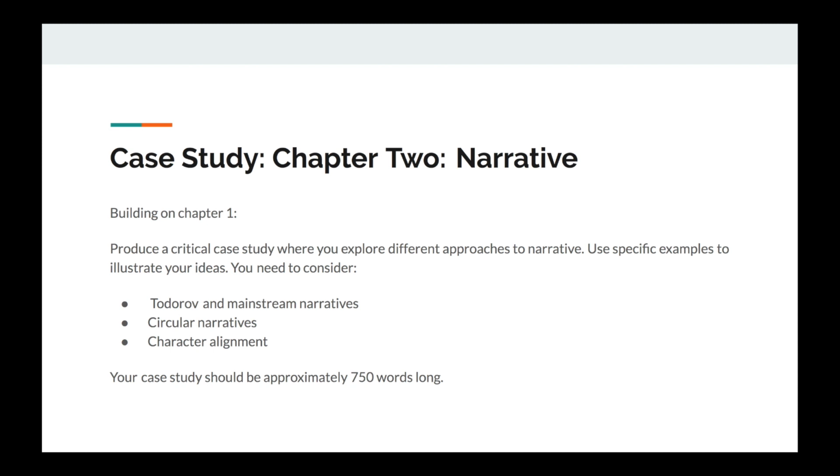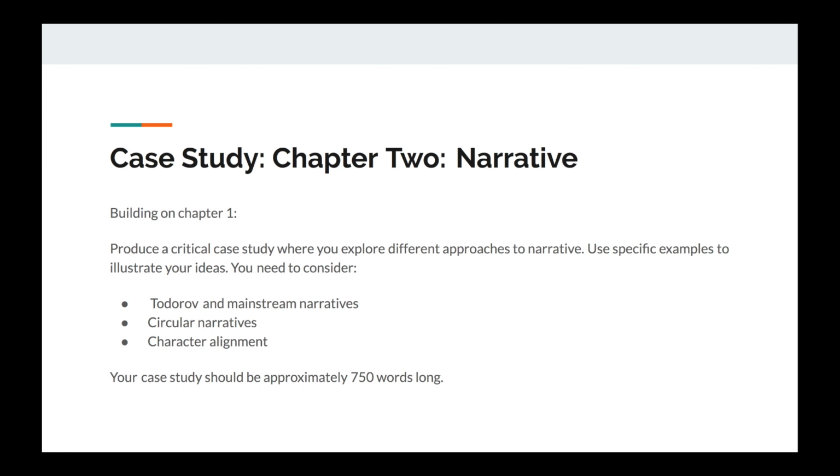And the reason you can afford so many words for these assignments is because to really understand the theories, you've got to unpack them, and you have to explain why the theories are relevant. Okay, so it's important that you do that.